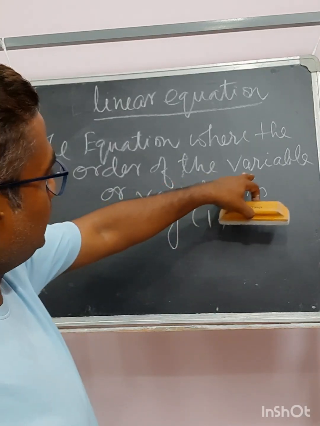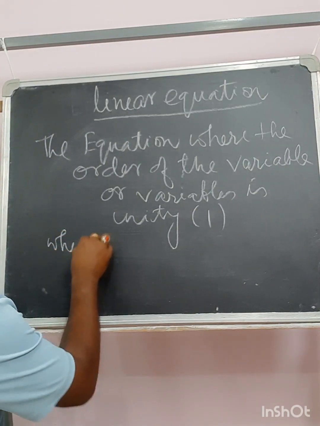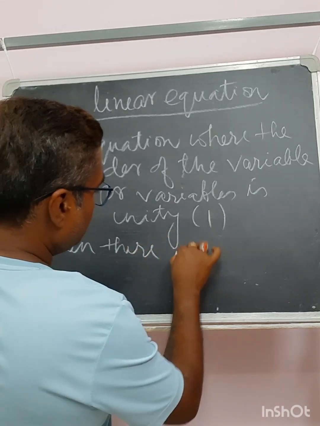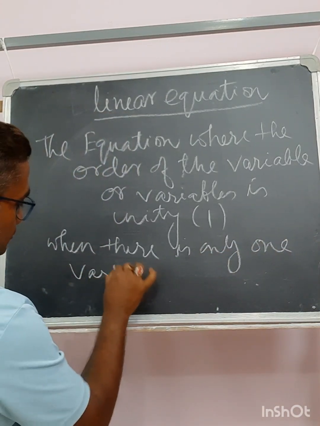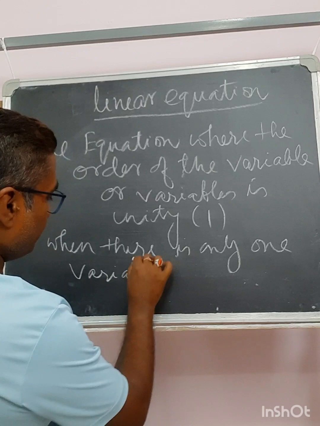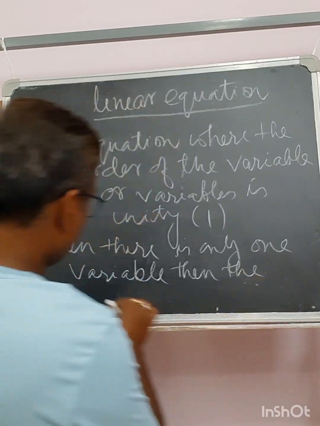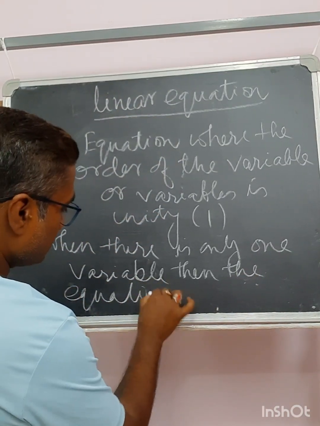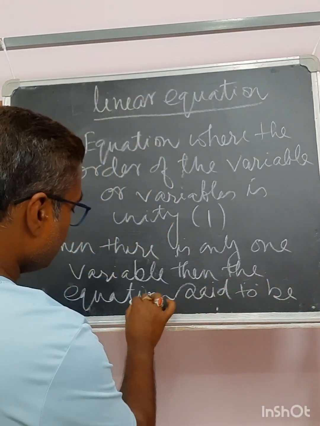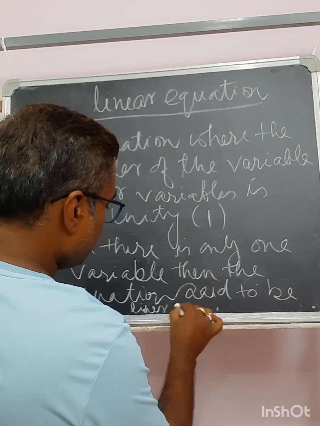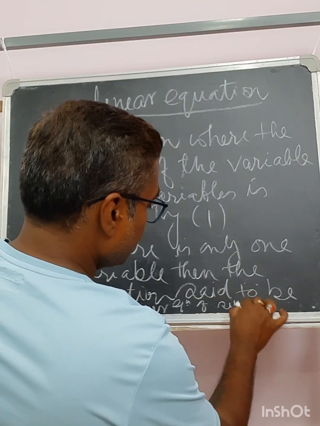First, if I take an example where there is only one variable, then the equation is said to be a linear equation of a single variable.